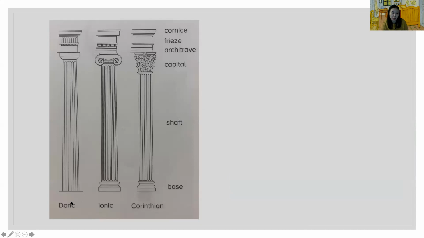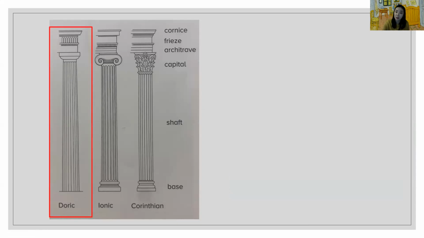So let's see the Doric style in detail. This is a Doric style column that the Parthenon has. The Doric style column is simple and classical compared to other column styles such as Ionic and Corinthian.